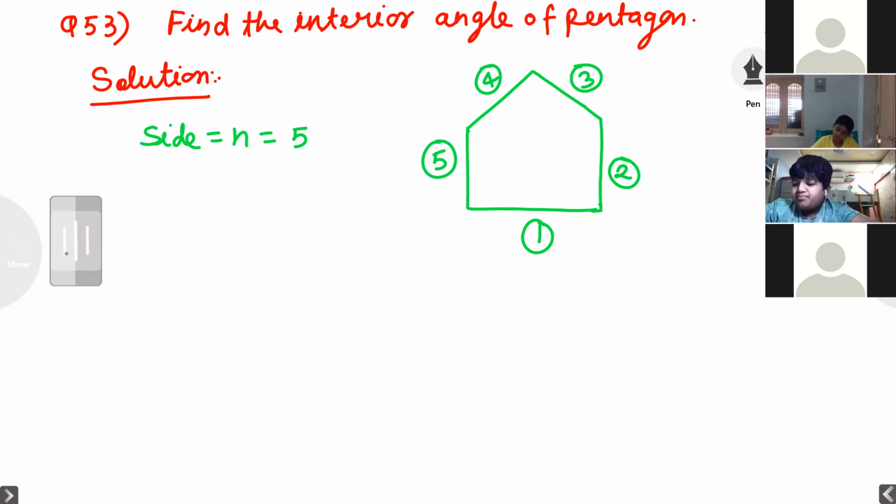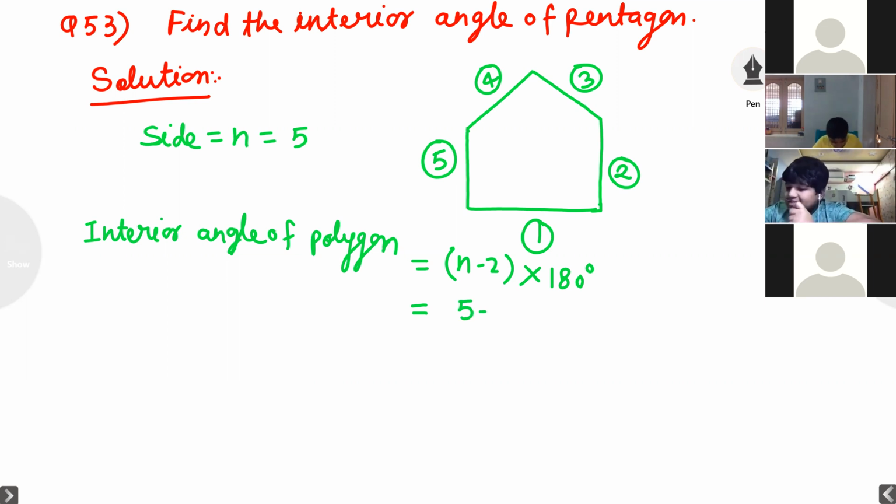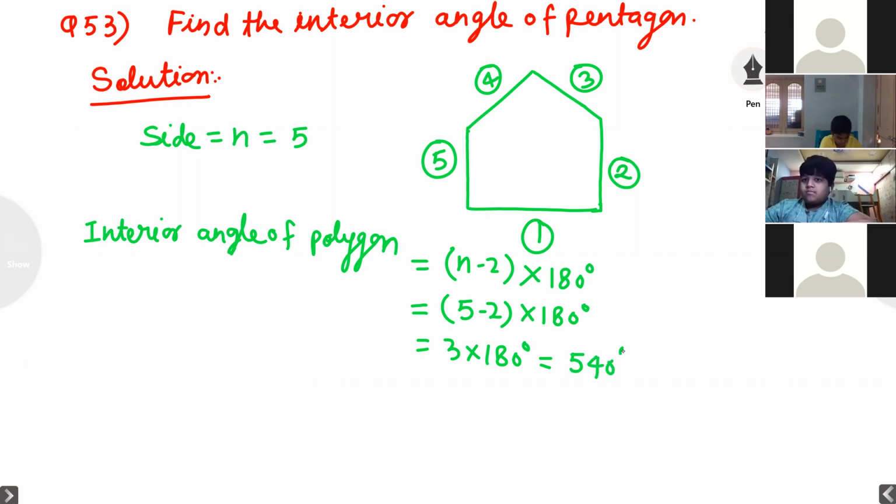Interior angle of polygon is equal to n minus 2 into 180 degree. The value of n is 5. 5 minus 2 into 180. 5 minus 2 is 3. 3 into 180, 18 3s are 54, so 540 degree.